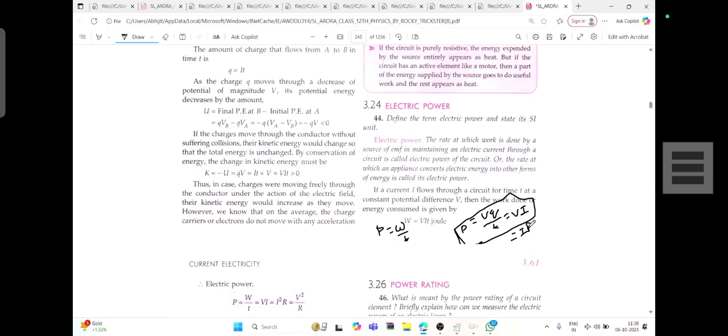IR into I, that means P is equals to I square R. That is another form of power formula. You can write it another way.